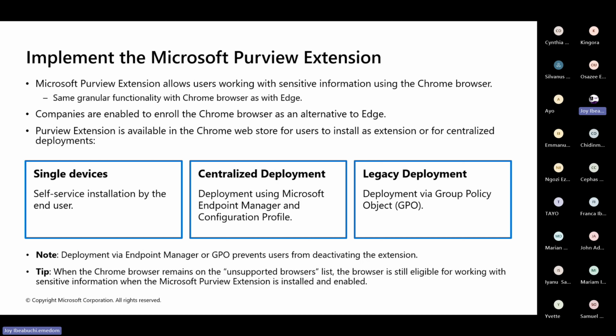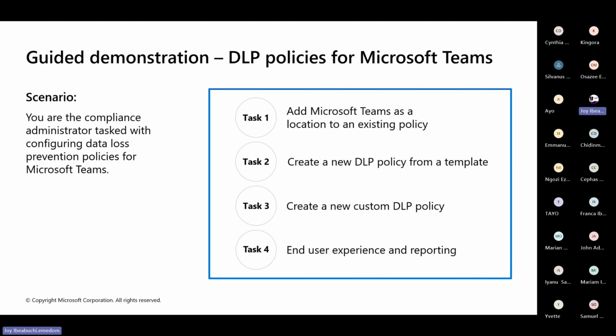But we've seen places where Chrome does a better job for certain custom applications, and so the organization has to deploy Chrome to its users. In that instance, if you're driving a DLP program, smile, because happy days, using extensions, you can still push out those DLP policies and they will apply.